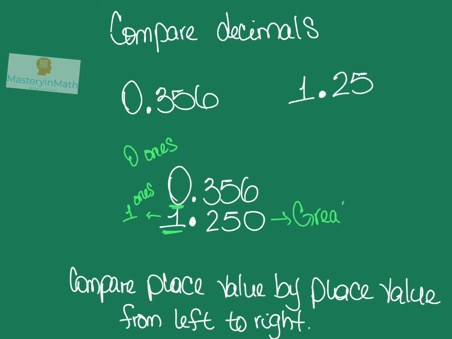And we can stop there, because now we see that we have something that's greater and we have something that is less. So 0 and 356 thousandths is less than 1 and 250 thousandths, or 1 and 25 hundredths.